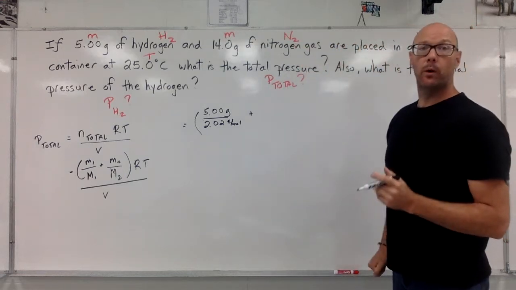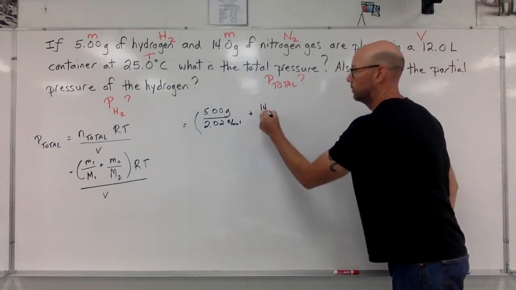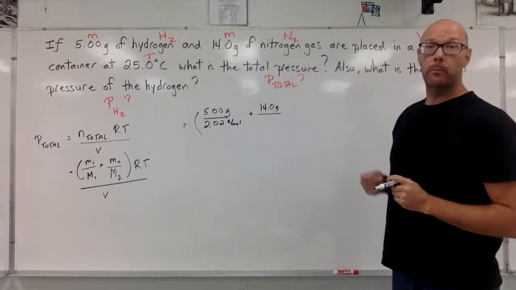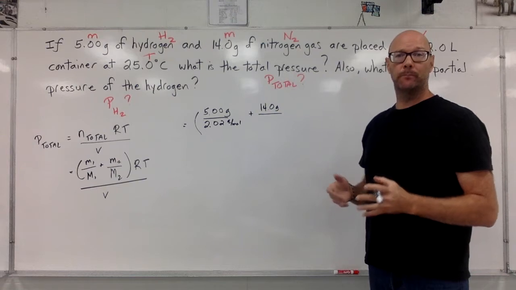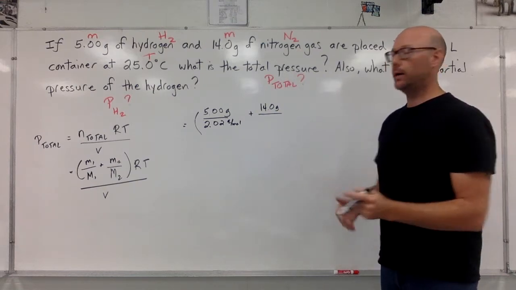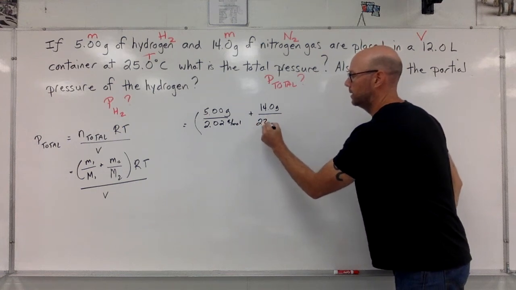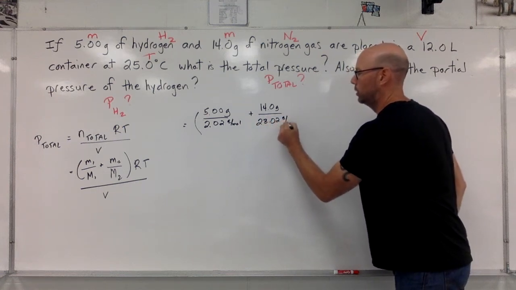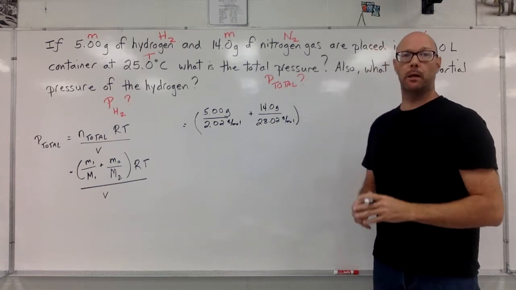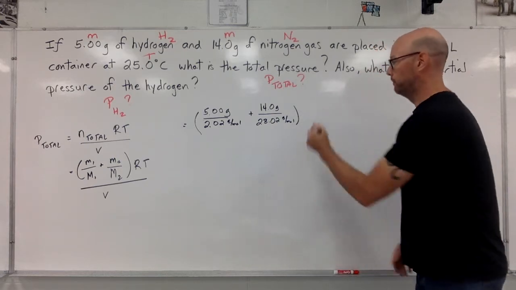We have 14.0 grams over, the formula for nitrogen is N2. It's twice its atomic mass, 14.01 twice. It's 28.02 grams per mole.